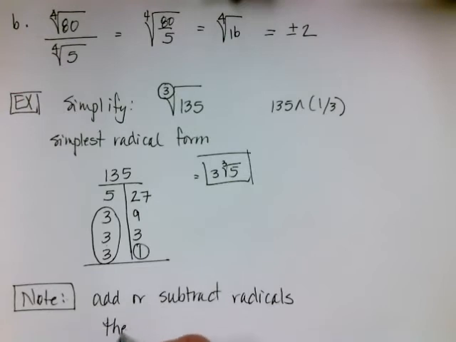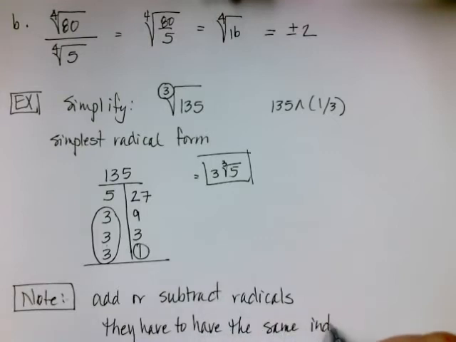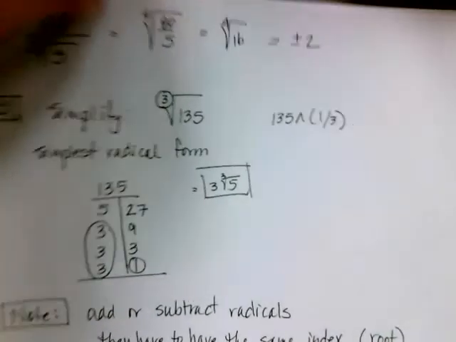They have to have the same index, which means what root are you taking, and they have to have the same radicand, cool word, which means it's what's underneath the house. Okay?